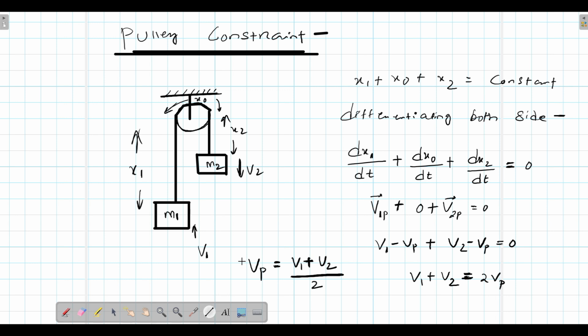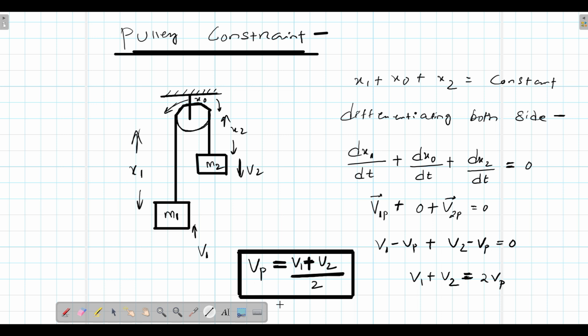So that is vp. vp is the speed of pulley.